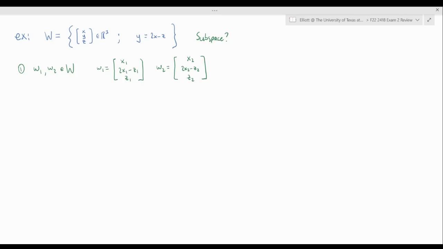So we have these two vectors in our set, and for closure under addition, we want to add them together. So I'm going to add W1 plus W2.